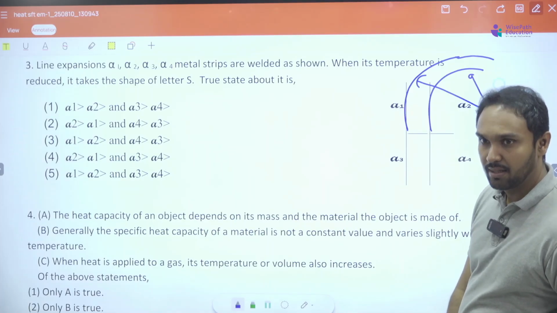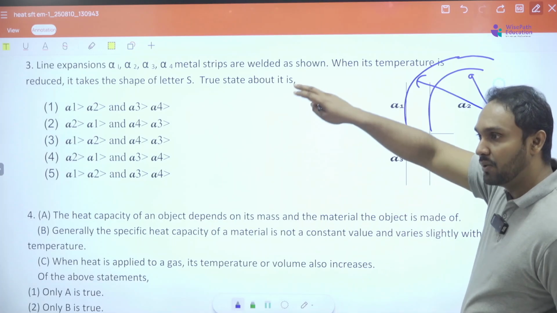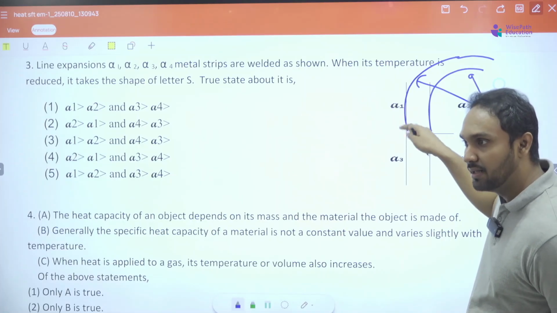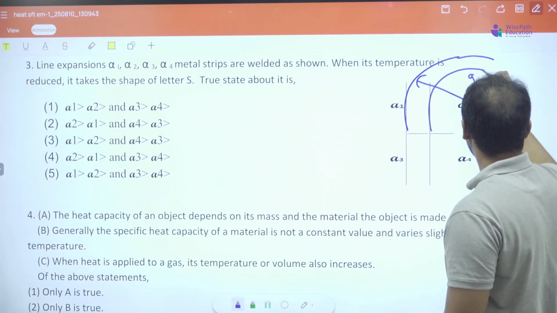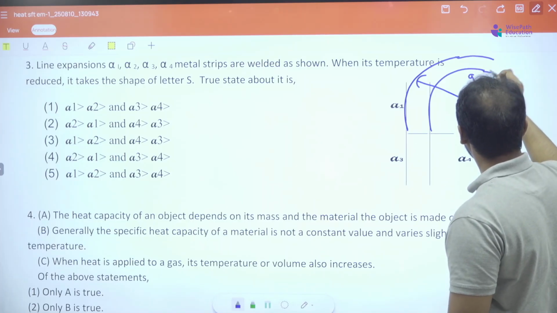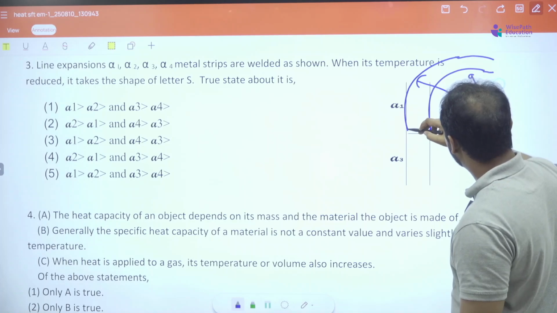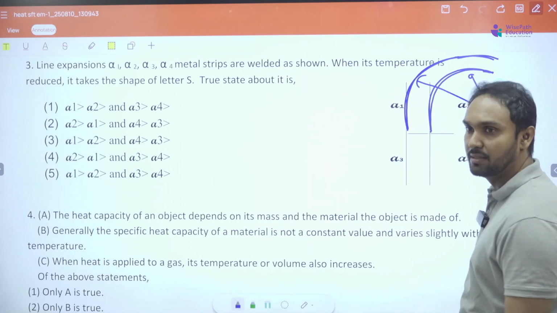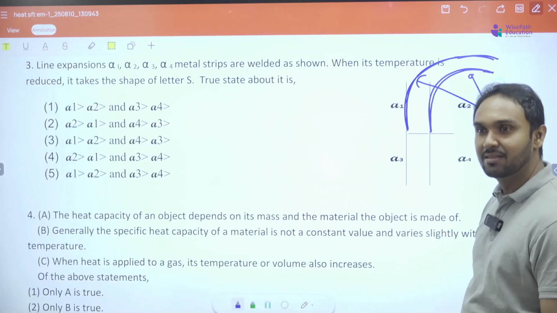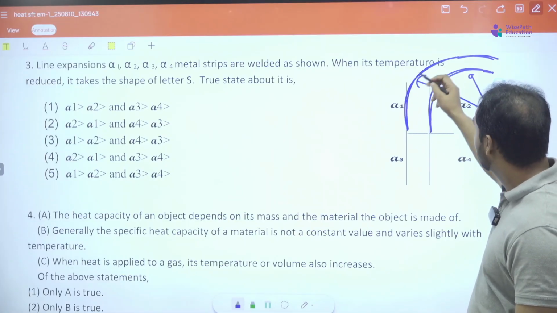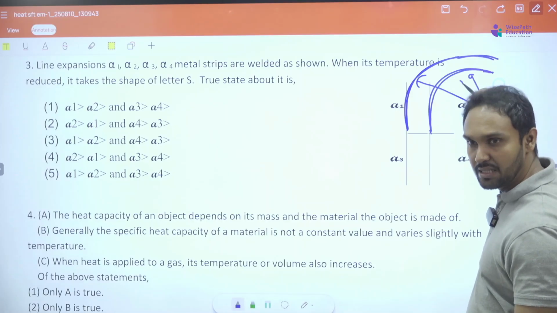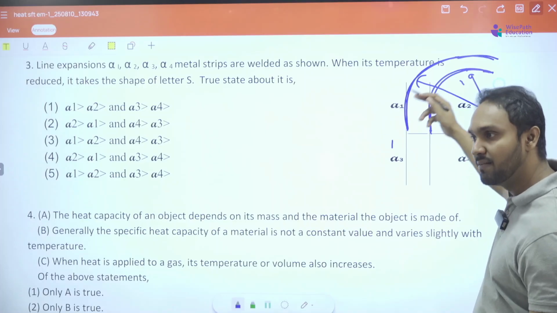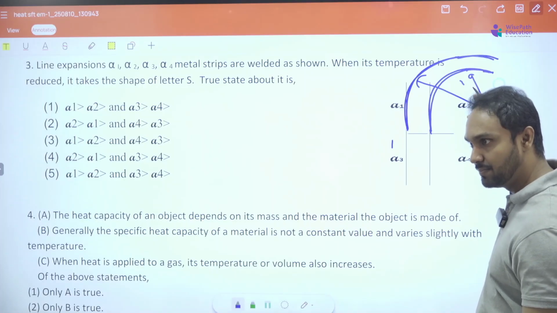The one which makes the outer circle has to have more arc length than the inner one, right? So if I stopped it there, this has to have a greater arc length than this, because the outer circle has a greater radius.